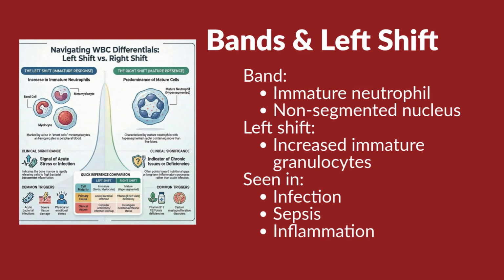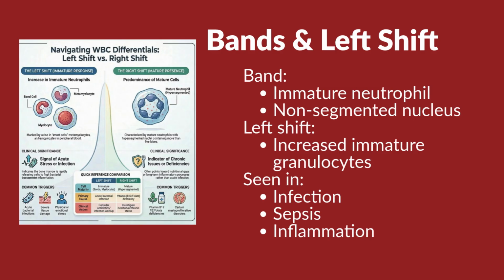Next, we're going to cover bands and left shift. Immature neutrophils with a non-segmented nucleus. That is the description of a band. If you get a left shift, it's an increased number of immature cells in the body.